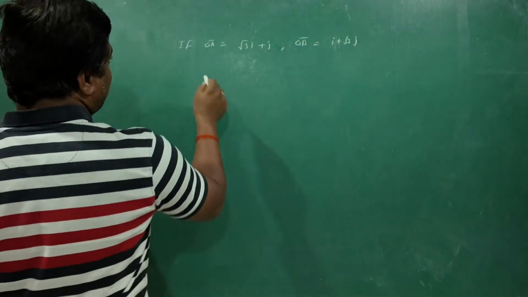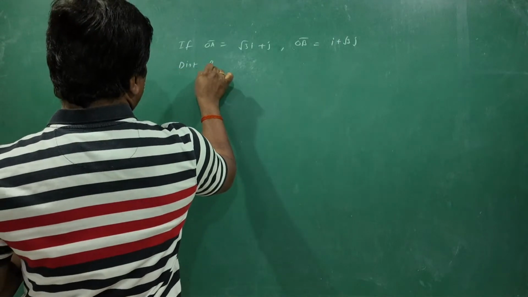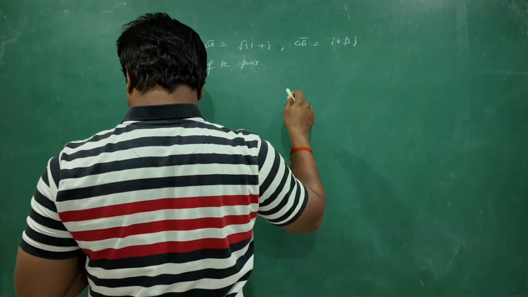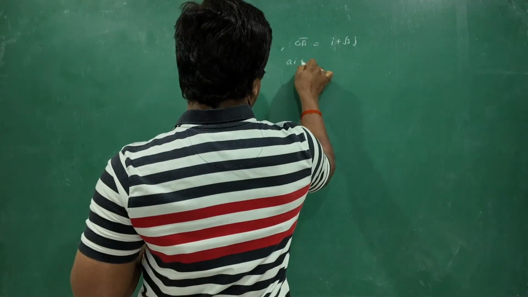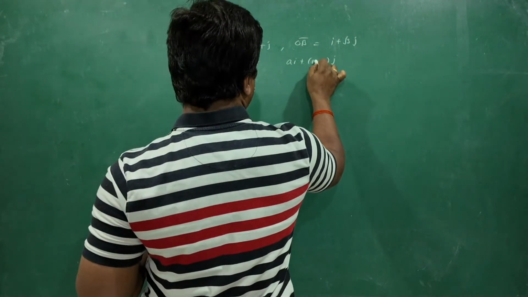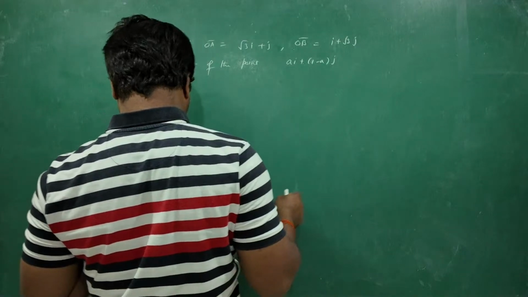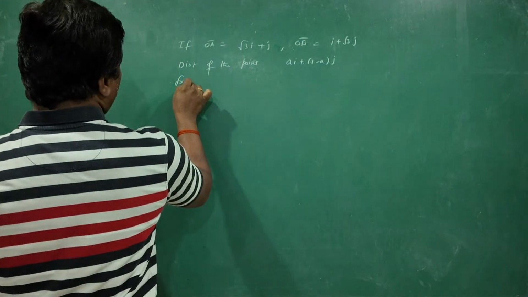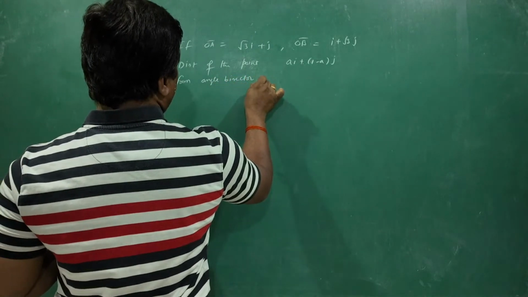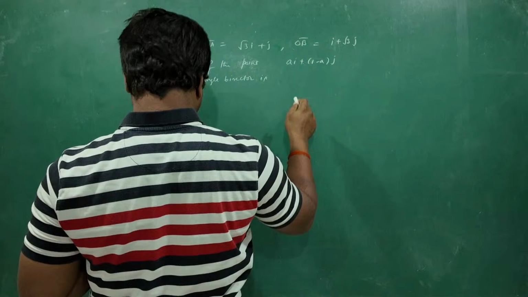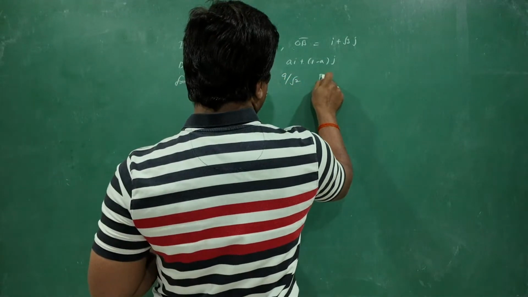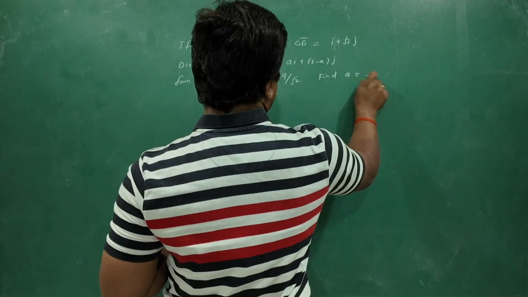The distance of the point ai plus (a minus 1 minus c)j from the angle bisector is given as 9 divided by root 2. Find the value of a. This is the question.